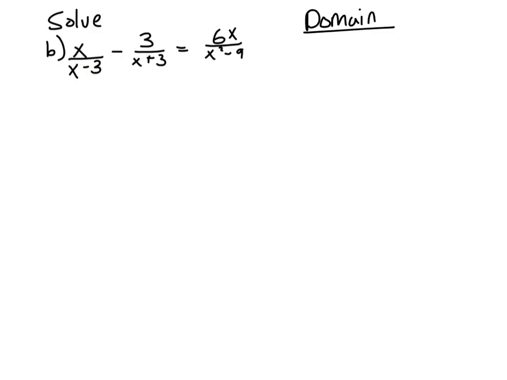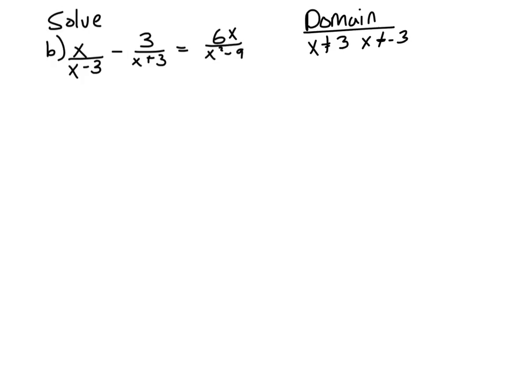The bottom of a fraction can't be 0, so we know that x cannot equal 3, right? Because if x were to equal 3, then 3 minus 3 is 0, and that would be undefined. And then if x equaled negative 3, same situation for this fraction there. So x cannot equal negative 3.